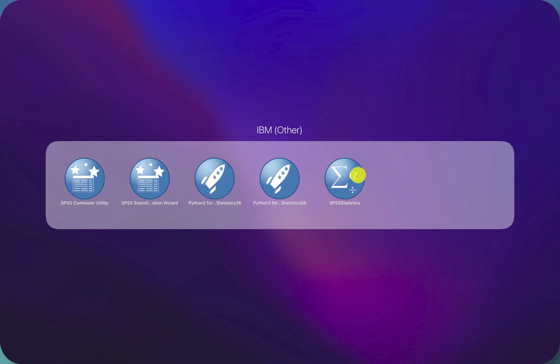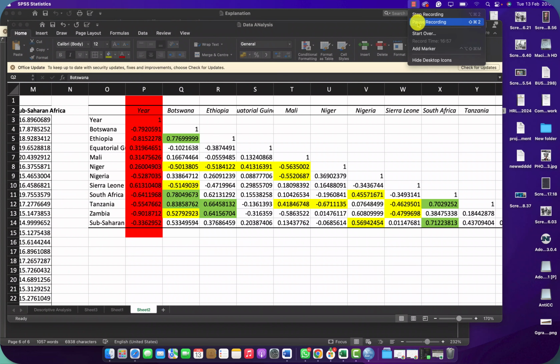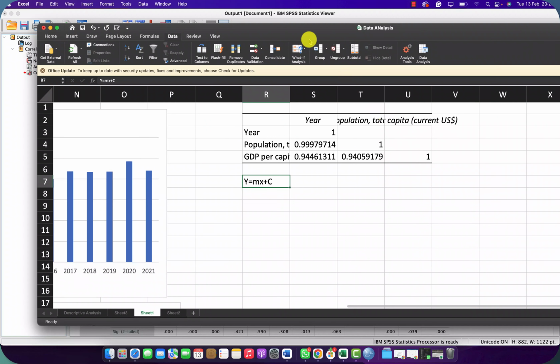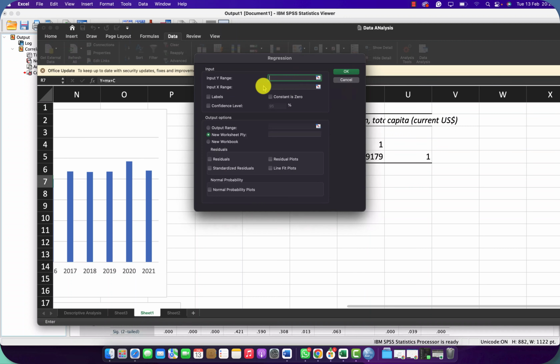SPSS, alright. So let's go under the regression analysis. When you get under regression, you can see we have the Y range and the X range.